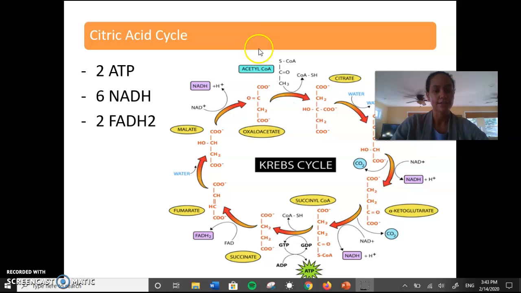Now we're in the citric acid cycle. Here's a picture of it, and I thought this was a really good visual of what the citric acid cycle looks like and what products are being formed.